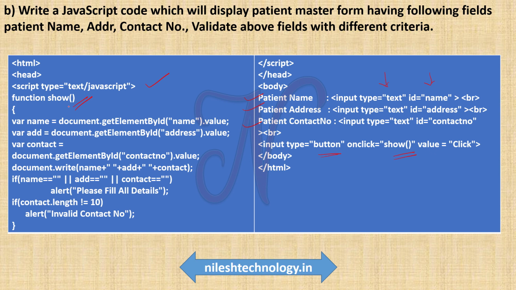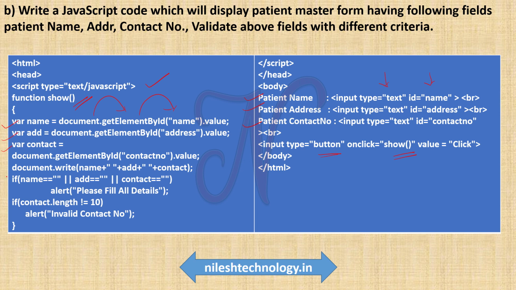So this is your show function. Here the variables name, address and contact use document.getElementById, passing the name, address and contact number. So the text box value is assigned to these variables name, address, contact. First we check the empty validation.